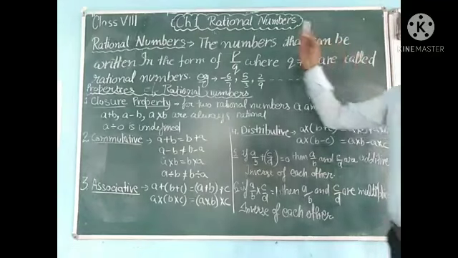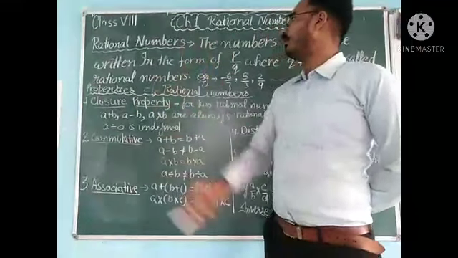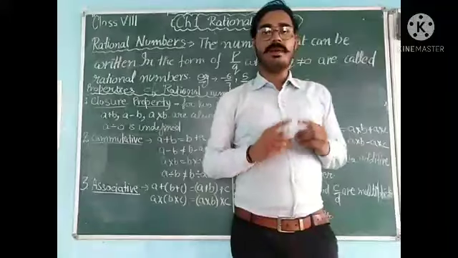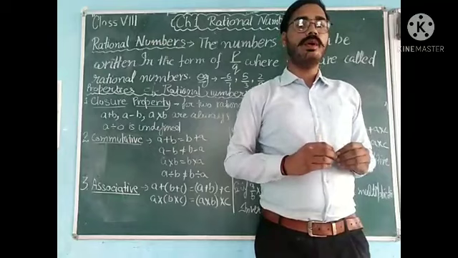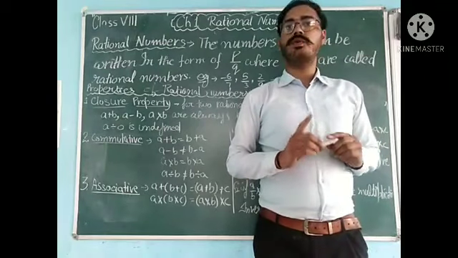Once again, I am going to repeat the definition for better understanding. The rational numbers are the numbers that can be written in the form of P over Q, and Q can never be equal to 0.